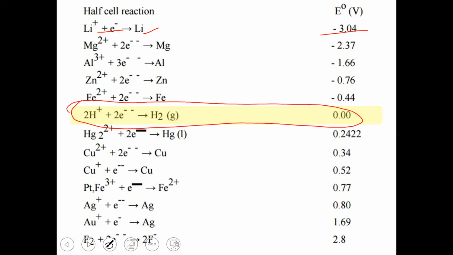Coming to hydrogen, H+ with 2 electrons converts to hydrogen gas, and the E naught value is 0. We know that this acts as the reference electrode, so the E naught value of the standard hydrogen electrode is equal to 0. These are the negative values, and these are the positive values of the respective metals.